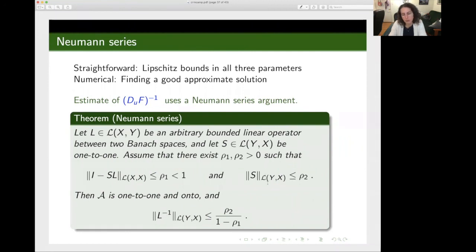And if you know the norm of your S to be rho 2, then what the theorem says is that you have a bound on the inverse of L. The norm of the inverse of L, if rho 1 is pretty small, is only going to be slightly bigger than rho 2. And so that's what we're going to use.